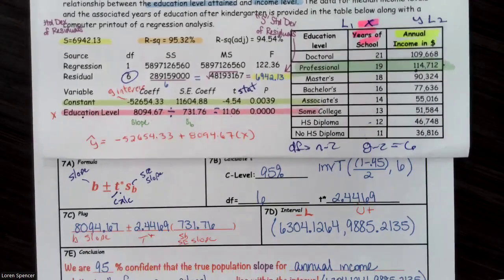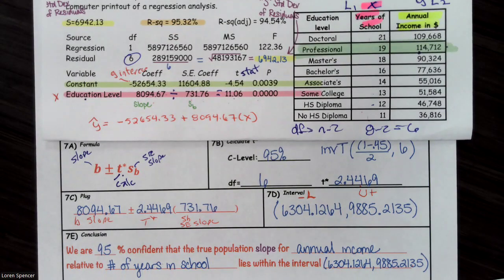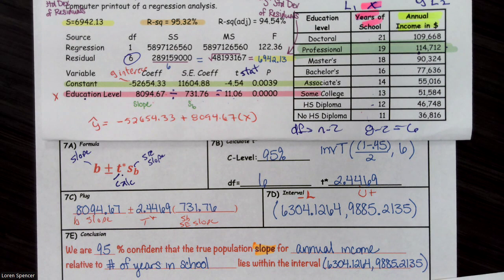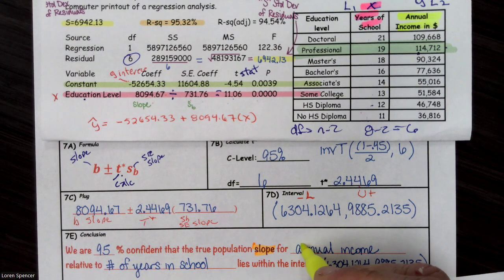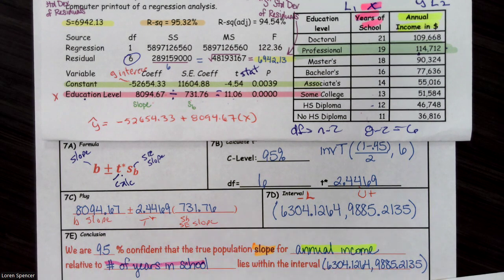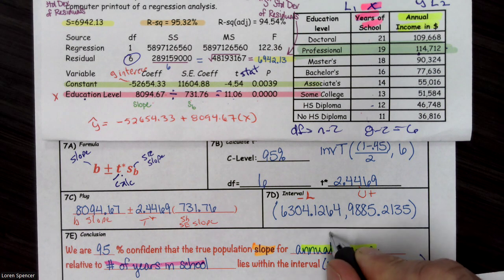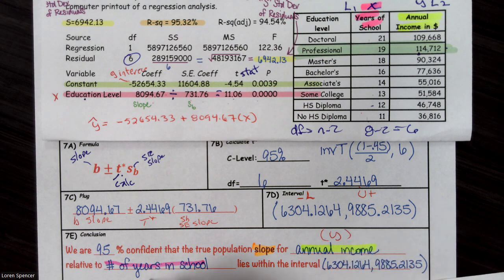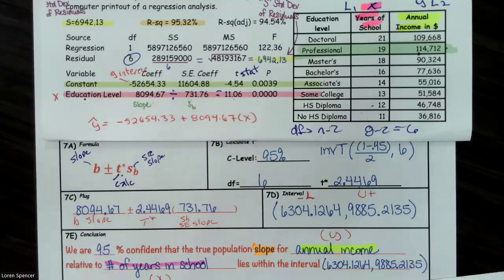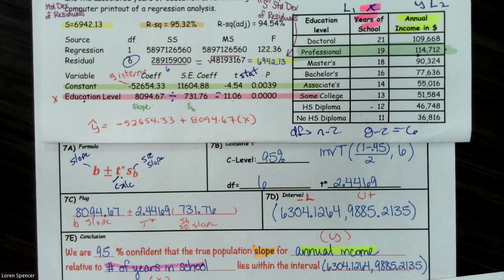So, what are we? Well, we're 95% confident the true population slope for annual income relative to years of experience lies within our interval that we just calculated. Now, I want to point this out to you again. I know this by now, you're probably tired of hearing it. Annual income is my Y, number of years of experience or education level is my X. All right.